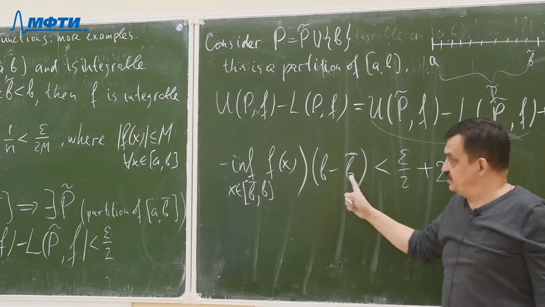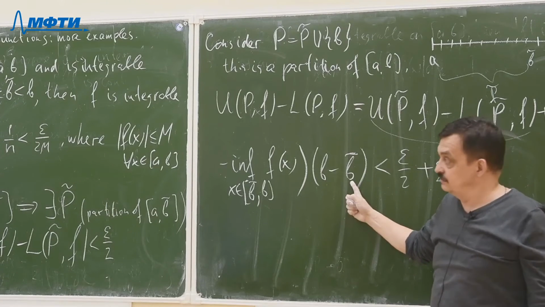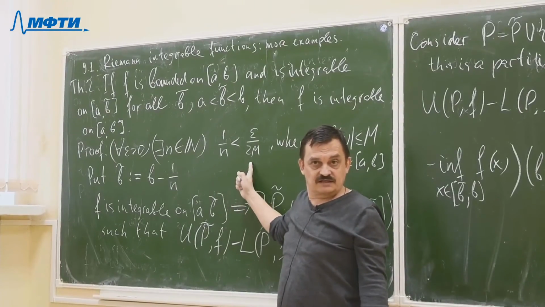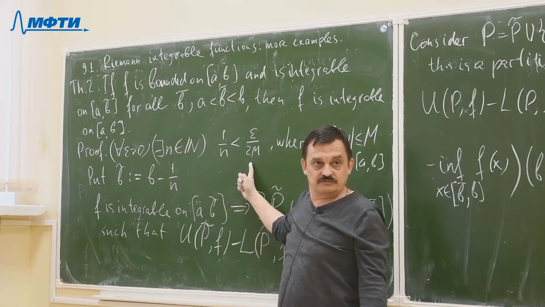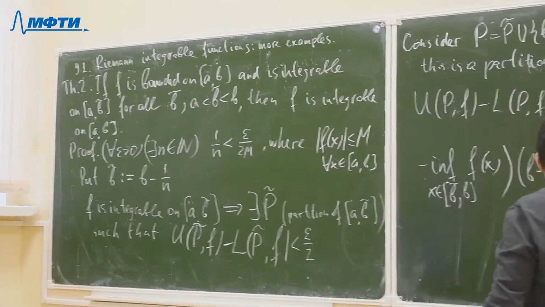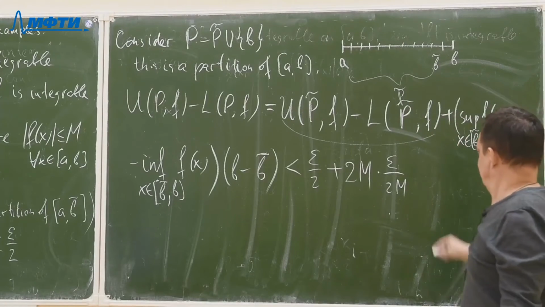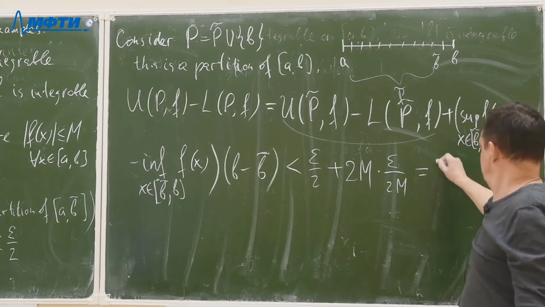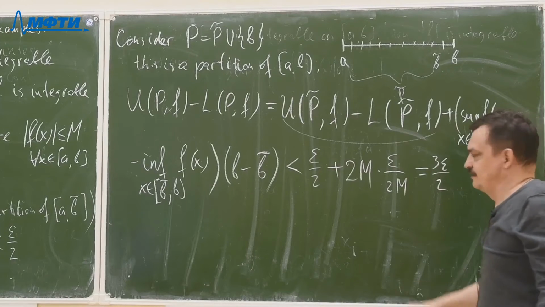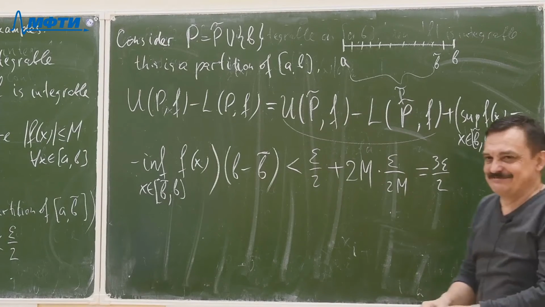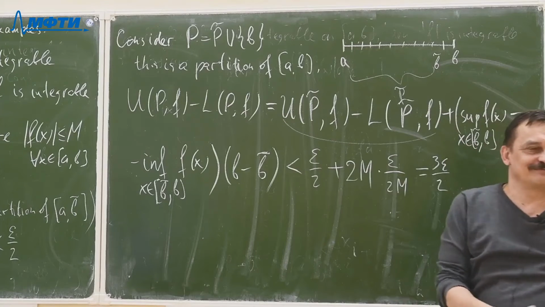And b minus b tilde is 1 over n, which is less than epsilon over 2M. So 2M times that is at most epsilon. I made it slightly worse, I wanted to obtain epsilon, but sorry. It's not so nice, but it is not important, of course.